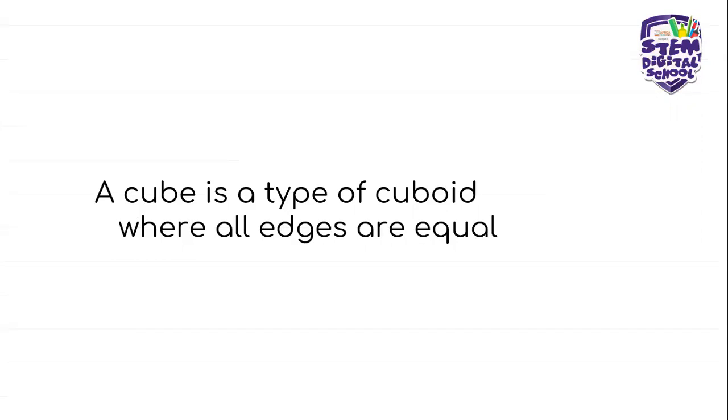If you have your net of 6 squares, you can practically join them together to complete a cube, and that will be a 3D object. Once you have done that, you realize that this is a type of cuboid, alternatively called a rectangular prism. But in this case, all the edges are equal because the edges emanate from the length of the squares. So a cube is also a rectangular prism.